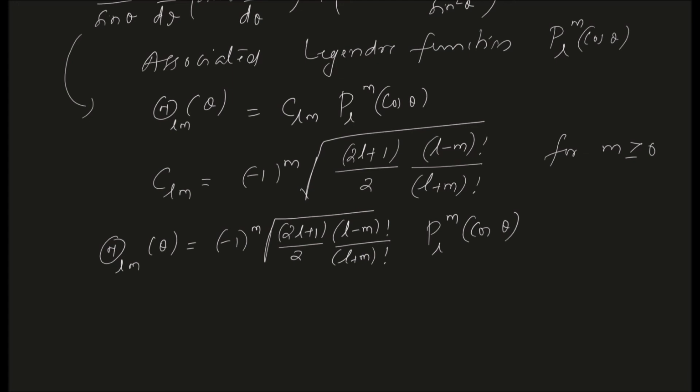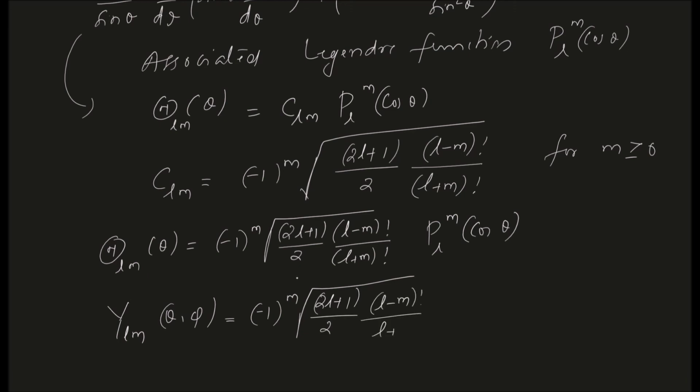So if we join the eigenfunctions of L square and Lz, then we will get the eigenfunction Y_Lm(theta, phi) for L square operator. This is given by minus 1 all raised to m, square root of (2l plus 1) by 2 into (l minus m) factorial divided by (l plus m) factorial, P_L^m(cos theta).